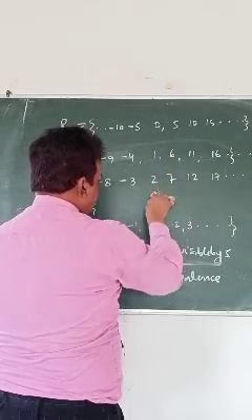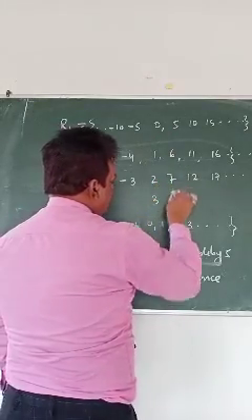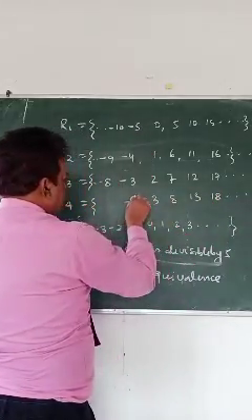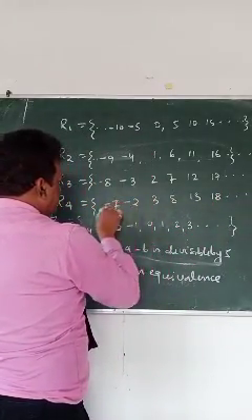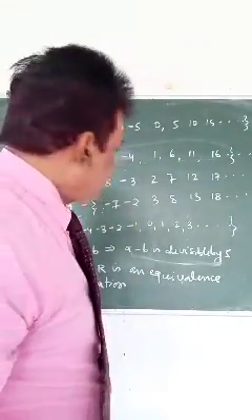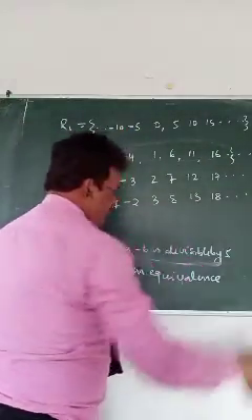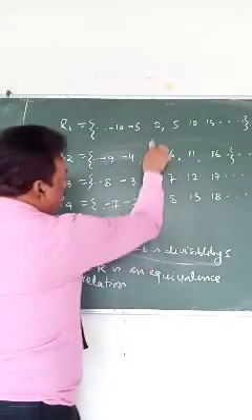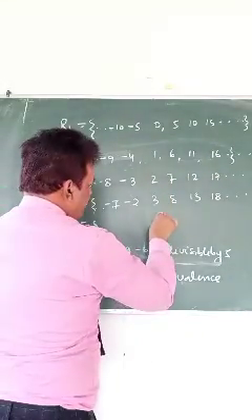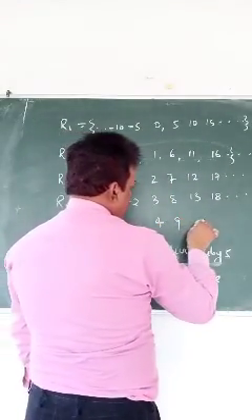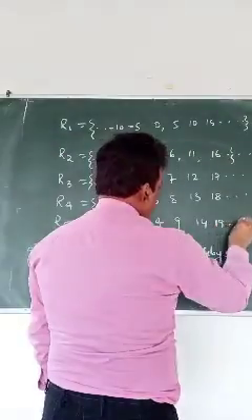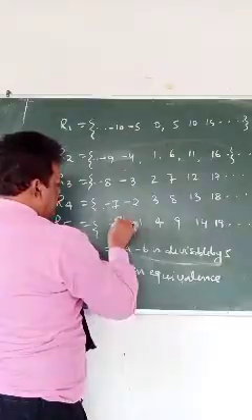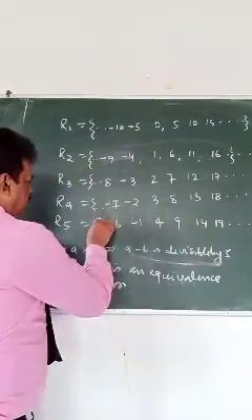If you take 0, 1, 2, 3, then 3 will go with 8, 8, 13, 18, minus 2, minus 7, like this. You get one more also, R5. 0, 1, 2, 3, 4 you get. 4 will go with 9, 14, 19, minus 1, minus 6, like this.